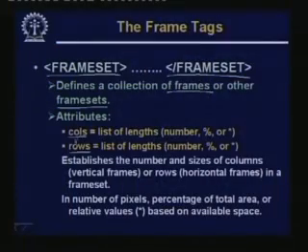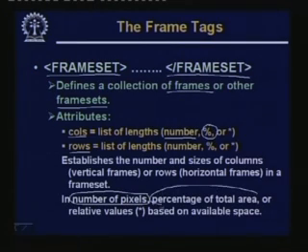These 2 attributes, rows and columns, can be used to specify that, and the relative sizes of the individual frames can be specified in 3 ways. Either by using a number, which gives the number of pixels; a percentage, meaning the percentage of the total available area on the screen; or a star or asterisk, which is a relative value.